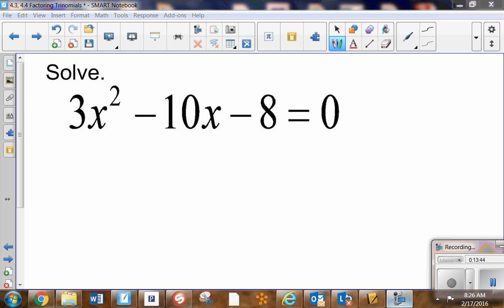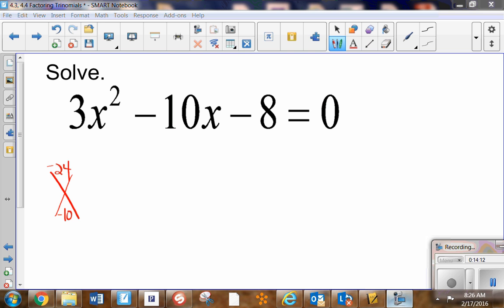All right, so let's start marking. Is it a mark or a mini mark? It's a mark. So I've got to go 3 times -8, which is -24. That needs to add up to -10. What do you think? I want to say 6 and 4, but I don't think I can make that work for both.